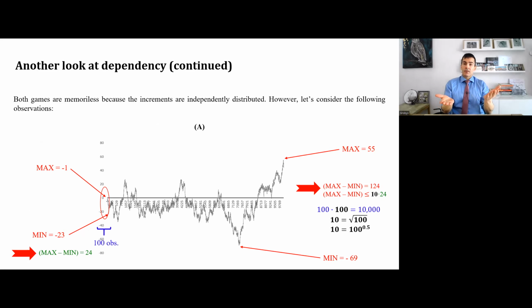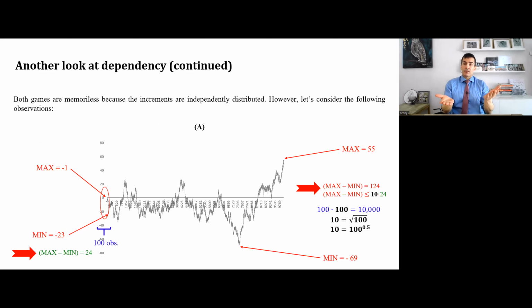So again, the factor 10, where does it come from? Or why is that? Well, what is 10? 10 is the factor that we have to multiply the first subsample of 100 observations by to reach the 10,000 observations of the full sample.